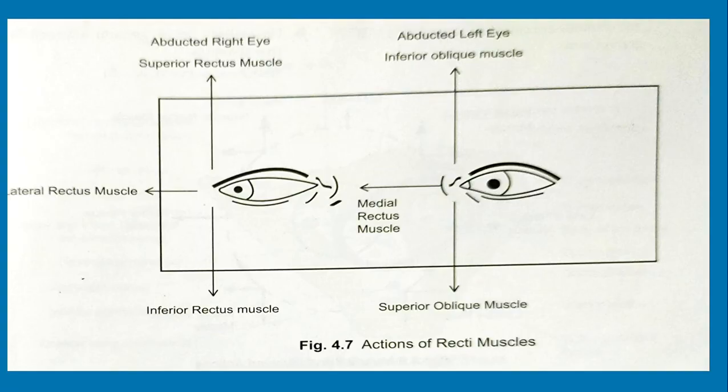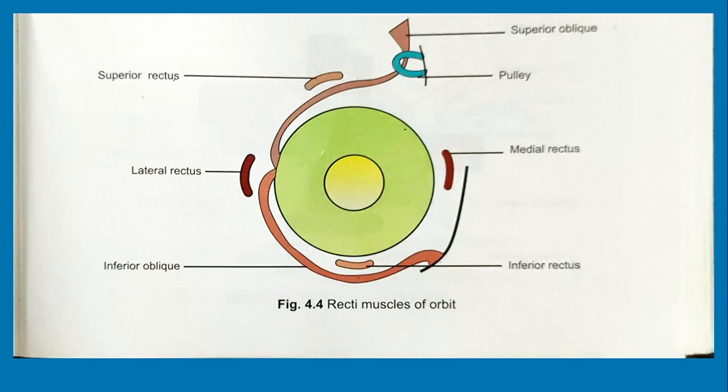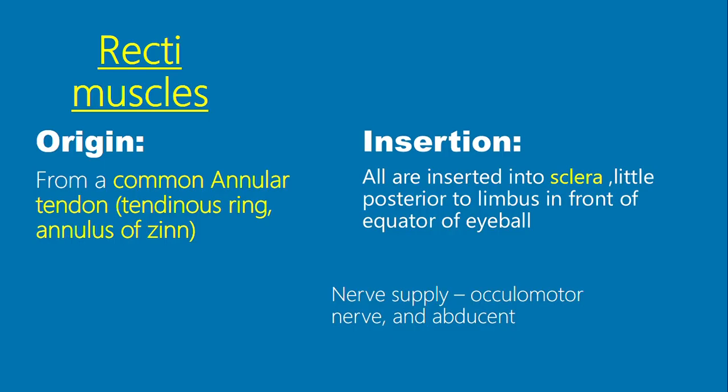Okay. So once again I will explain. The four recti muscles originate from a common annular tendon, the common annular tendon of Zinn. Insertion is towards the sclera posterior to the limbus. Limbus means the sclerocorneal junction, in front of the equator of the eyeball.